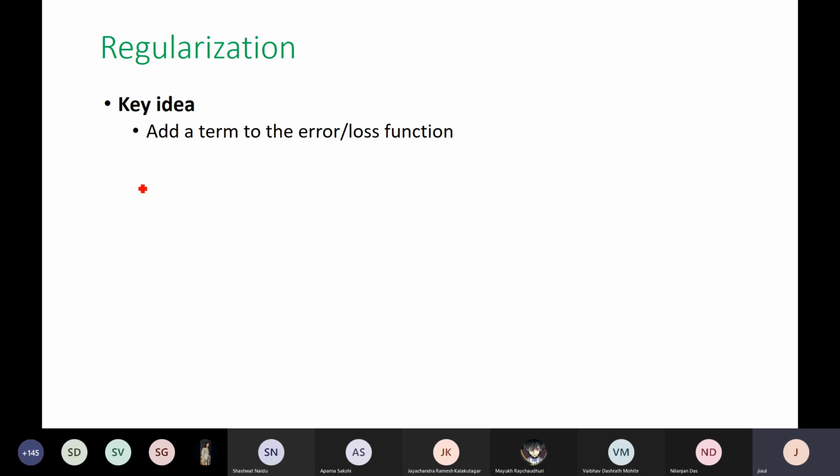Say I want to create a new loss, L new, where my old loss function is this, whatever loss function you want to take, be it, for example, cross entropy or squared loss or something else. I simply want to tweak my loss function a little bit by adding lambda R of W. Lambda here denotes a parameter, actually a scalar quantity.